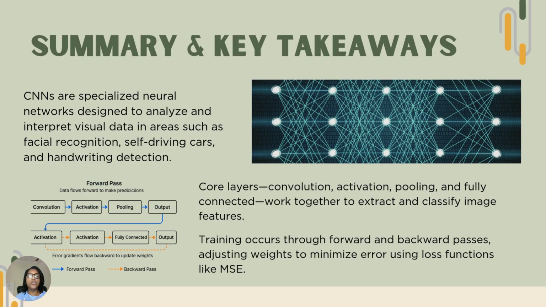They all work together to extract features and classify images. And we must remember that this is not just a one time thing. There are iterative processes that go into this because we want that loss function score to be as low as possible. I hope you've enjoyed this summary of convolutional neural networks.